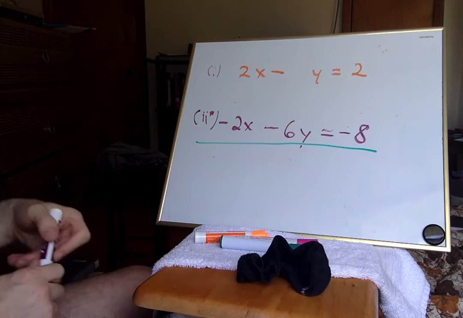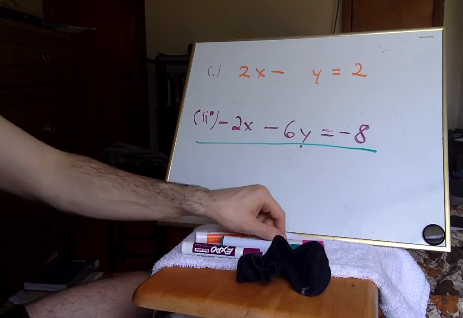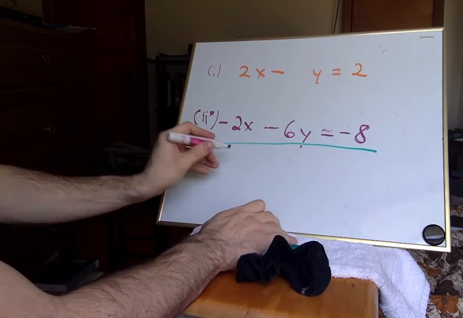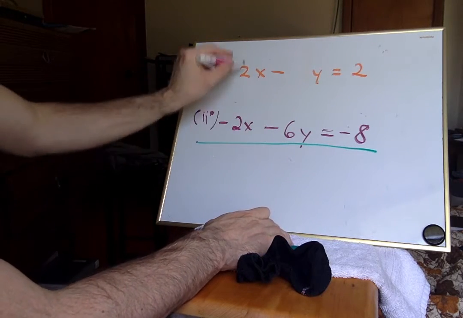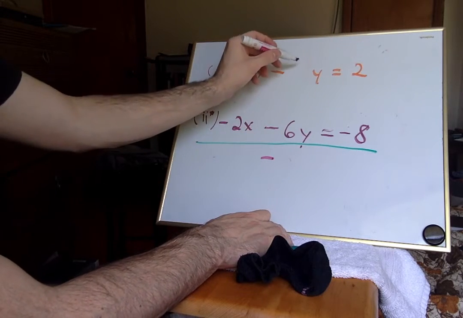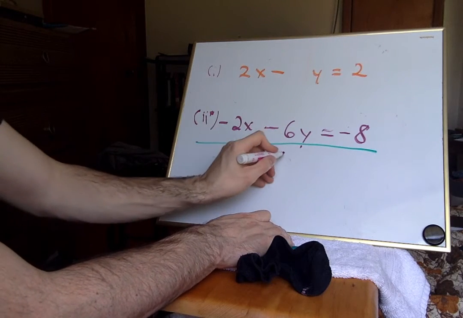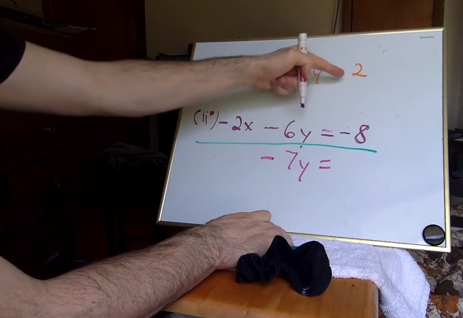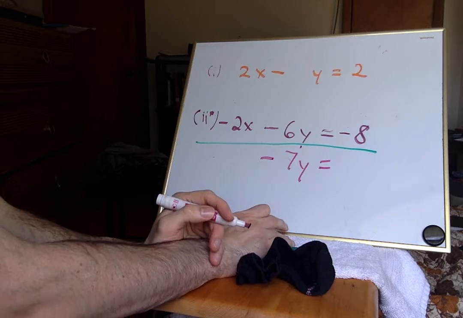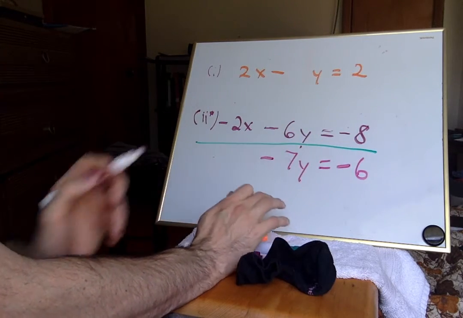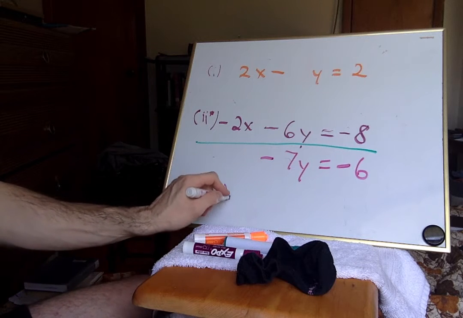Okay, so that was a little bit of a detour, but let's finish this. I'm going to add these two equations together, and the x's are going to eliminate. Negative y plus negative 6y is negative 7y. And 2 and negative 8 give me negative 6.